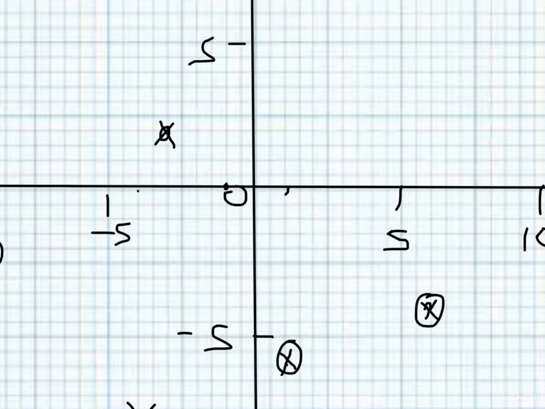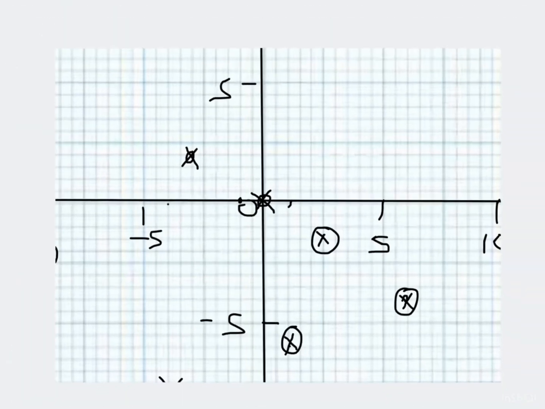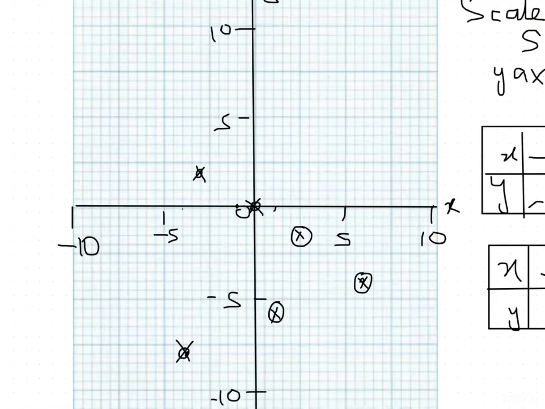So 0, 0 would be here. Then it comes to 3 and -2. So 3, and then -2 would be here. So now we have to make a line.